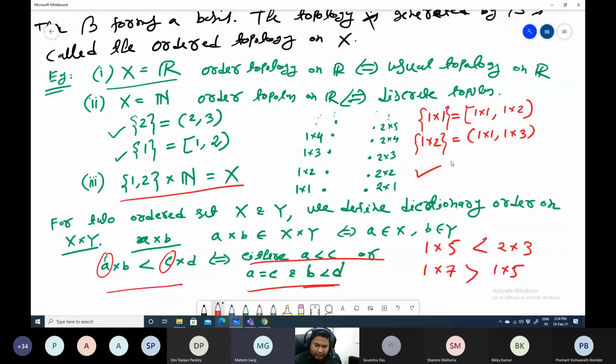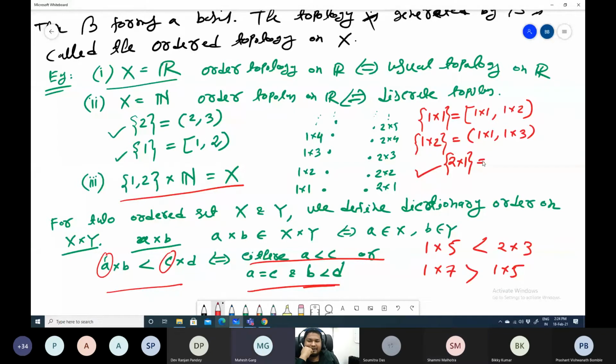Good. Now what is my 2 cross 1? Second property: 2 cross 1, comma 2 cross 2 open. But 2 cross 1 is not a least element.